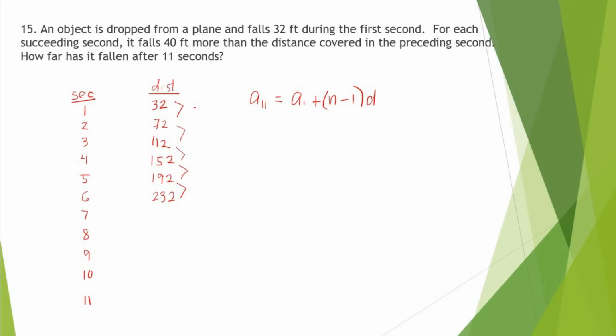By the way, the common difference is 40. Our 11th term, A11, is equal to, with A1 being 32, 11 minus 1 with the common difference of 40, which is 432.